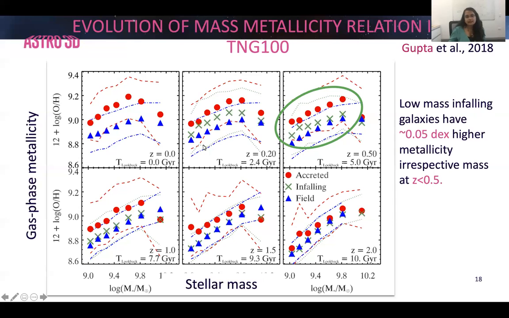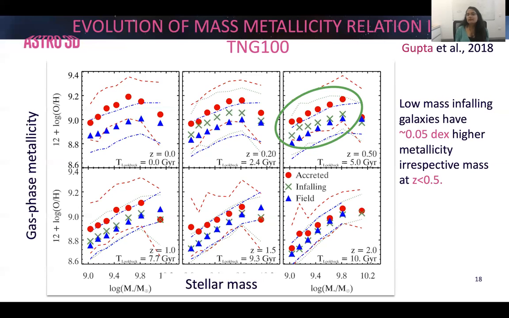So even these infalling galaxies, the galaxies which have yet to experience the dense cluster potential, have about 0.05 dex higher chemical abundance than the field galaxies, than the galaxies which live in low mass halos. So that's interesting. Basically, what we have shown is that environment matters in terms of chemical evolution, and it shows up around redshift of 1.5.